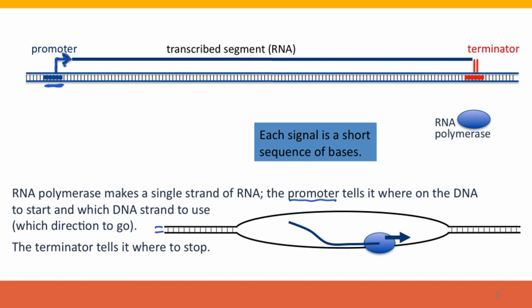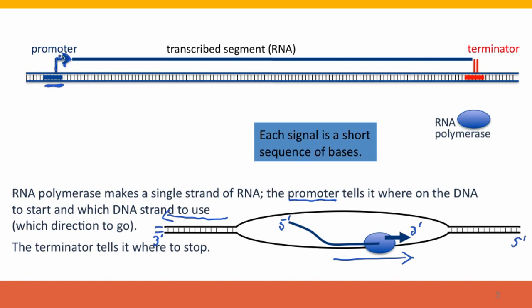And it does this basically by telling RNA polymerase which strand to use. If RNA polymerase uses the bottom strand in the drawing, it has to go this way because RNA is synthesized from its 5' end to its 3' end on a DNA strand that runs 3' to 5'. So that's the bottom strand. If RNA polymerase were to use the top strand, it would have to be going in that direction.